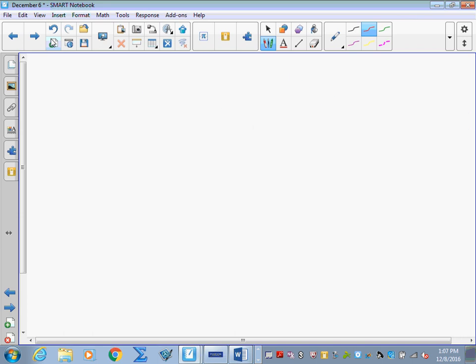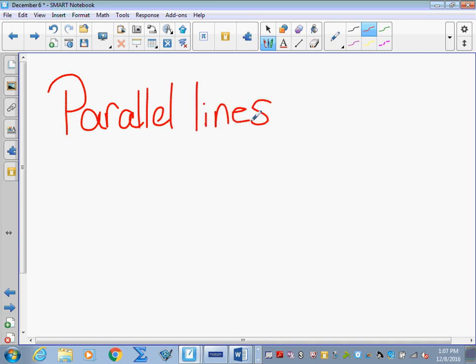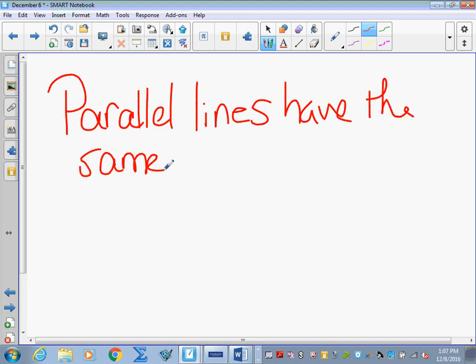So one fact you need to know: parallel lines have the same slopes. That's an important fact. Because you know what y equals mx plus b and point slope form look like, I could give you two equations and ask you if they're parallel or not.